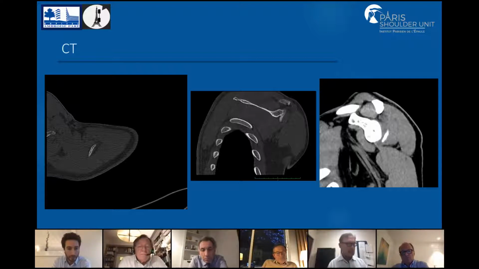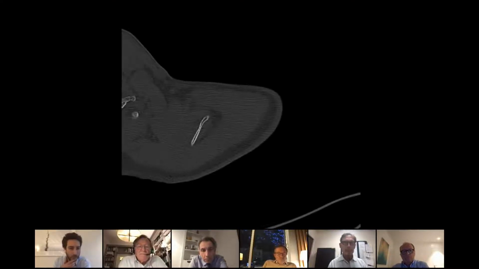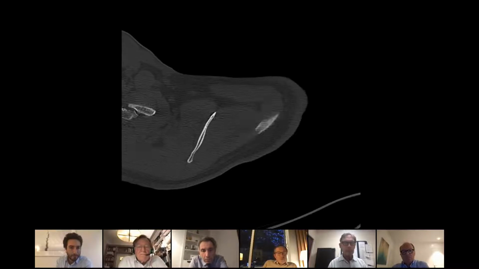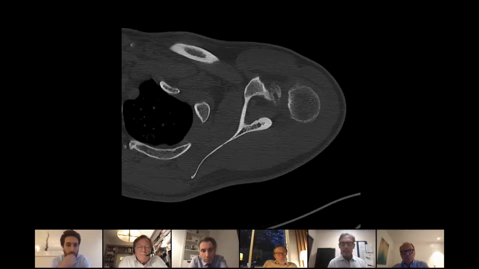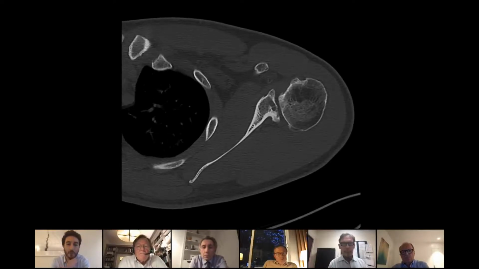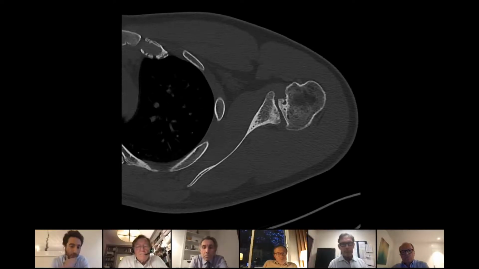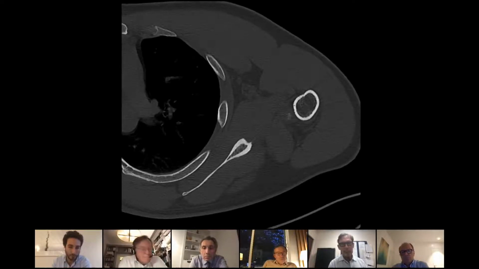So here is the CT scan. First the axial views. You can see that there is very severe posterior subluxation and retroversion of the glenoid.